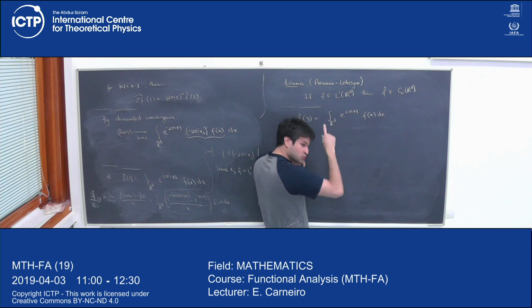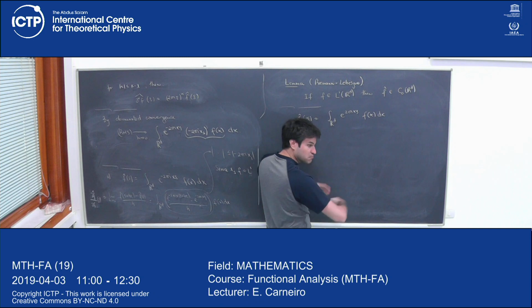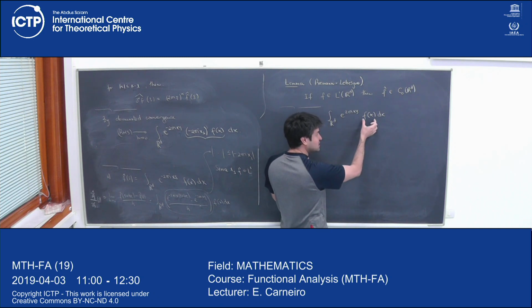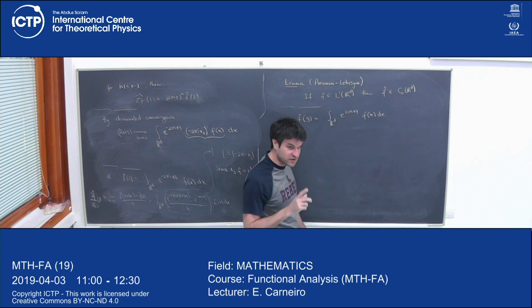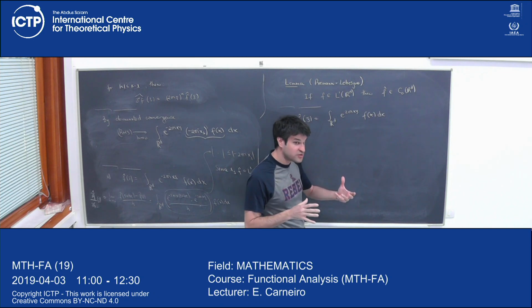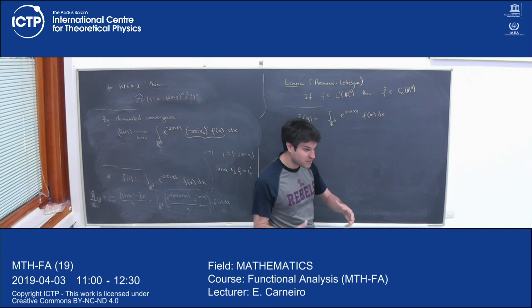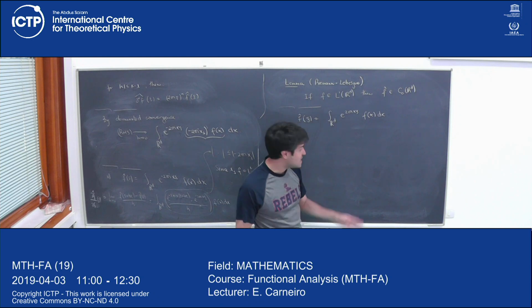Even when x is small, it will already oscillate really fast. So inside the integral things will cancel very fast, making the integral very small. So this result already captures a bit more about the decay on this side.